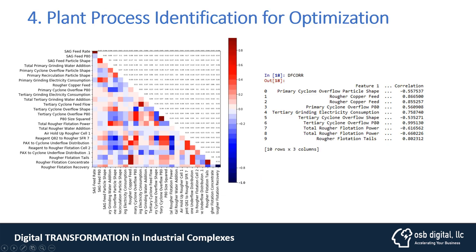So then we look at the findings, which is that now we can have what we call a plant process identification model for optimization. So we know all the variables which are evident that are contributing to the recovery. So we have, for instance, the P80 size squared, we have the particle size shapes of a tertiary cyclone for the tertiary grinding, the effect of the primary cyclone for the secondary grinding, and the particle shape of what's feeding the SAG mill.